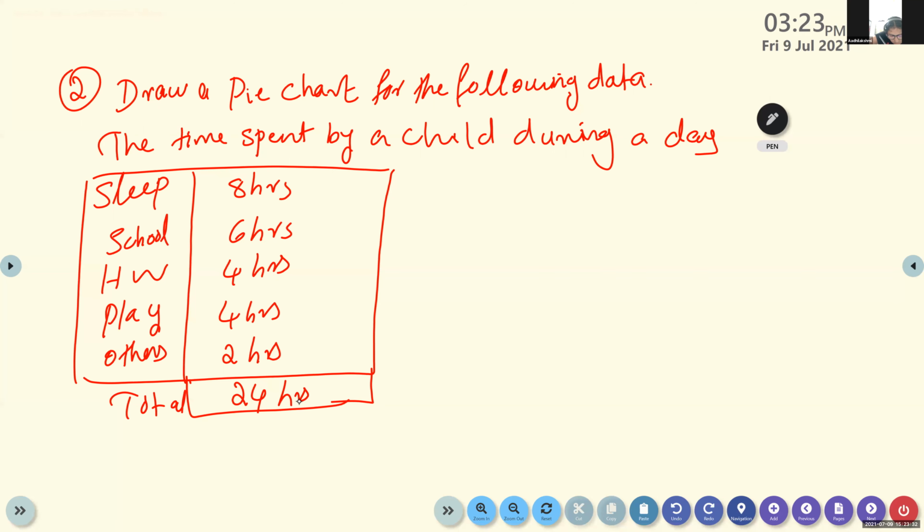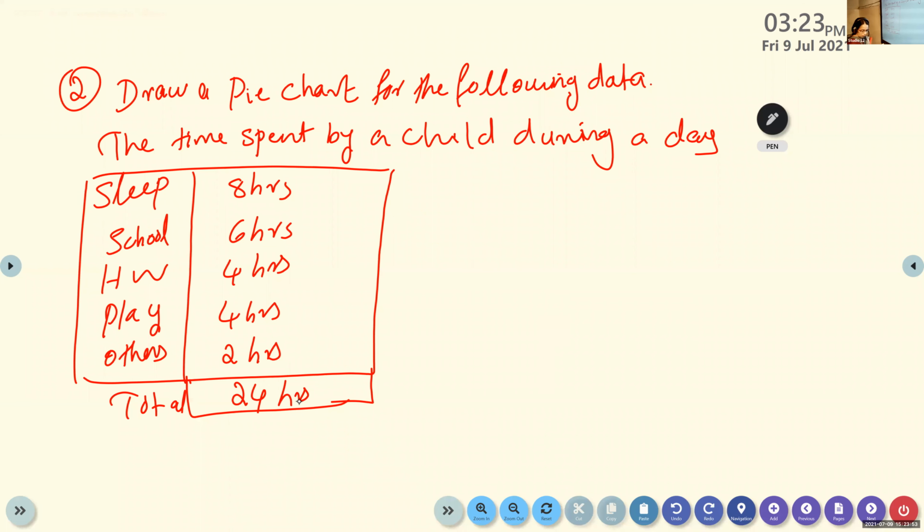Ma'am, can you please stop the screen share? Why? Ma'am, there is a glitch and I can't see. Okay, now we will find central angles.